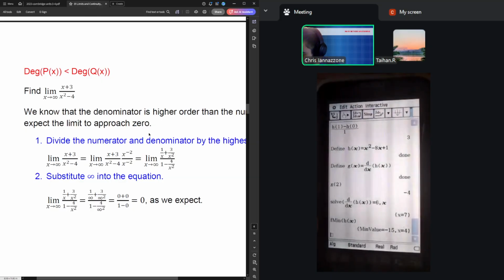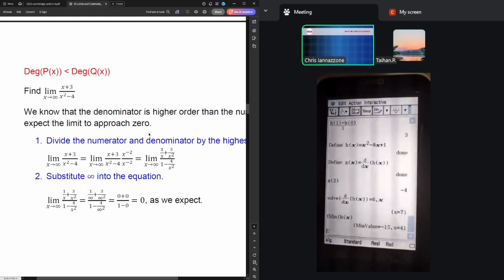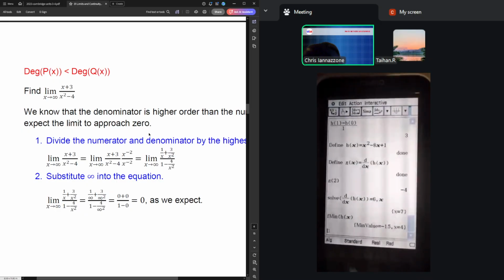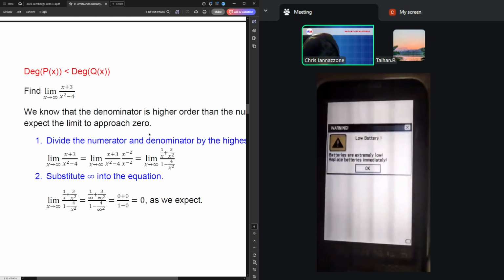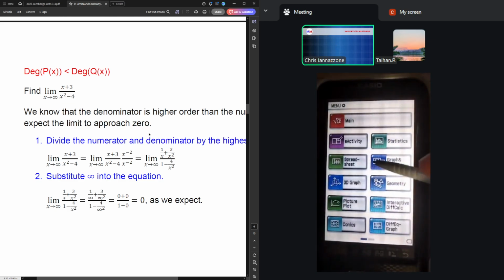Whereas if it's unremovable, that is to say you can't factorize it and cancel out a common factor, then what I imagine is things get a bit more challenging because you get asymptotes, more specifically.